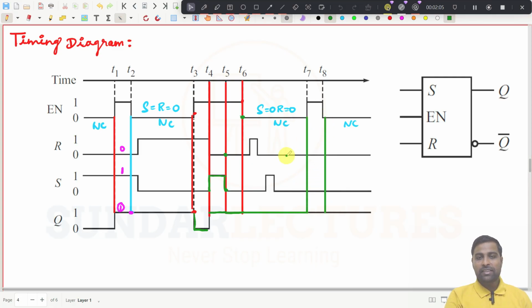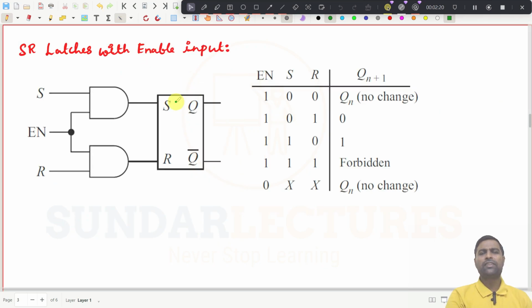But what happens here, both R and S are 0, S is equal to 0, R is equal to 0, then what is that? No change condition, again the output becomes 1. Try to understand the impact of this enable input.